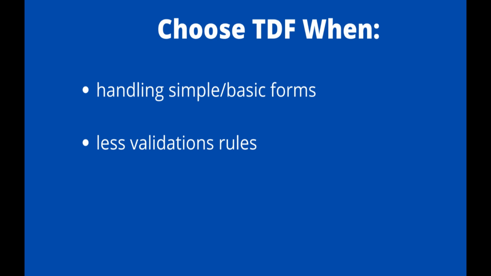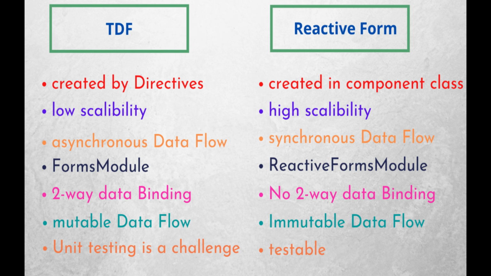If you find that your form has very minimal validation, and directives are enough to handle all the logic, you can use template driven forms. So this is all for today. I hope you get an idea how Angular handles forms and what the difference is between template driven forms and model driven forms, with some common foundation classes.